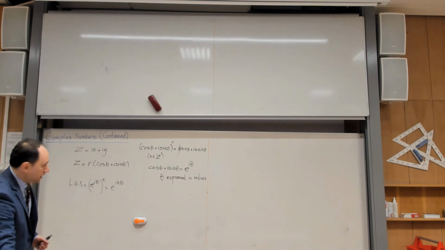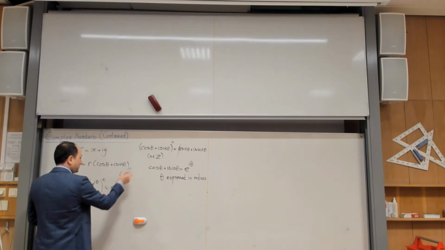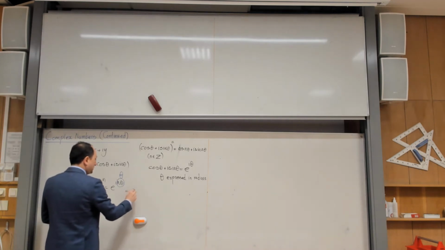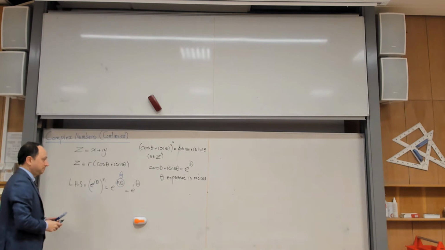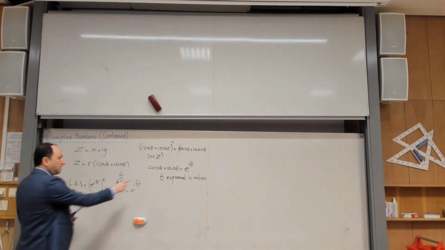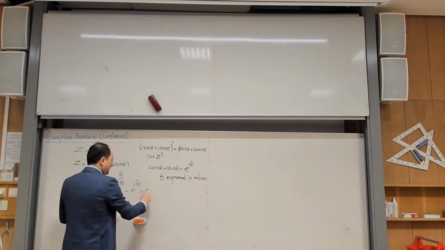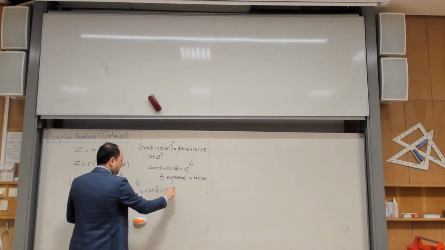But now I give the role of theta to this one. Let me call it capital Theta, for example. And then what you see is e to the power of i capital Theta. But then again, you can use Euler's formula and write cosine capital Theta plus i sine capital Theta.